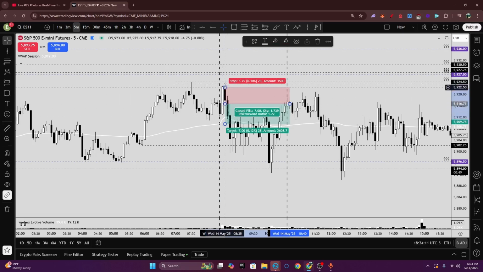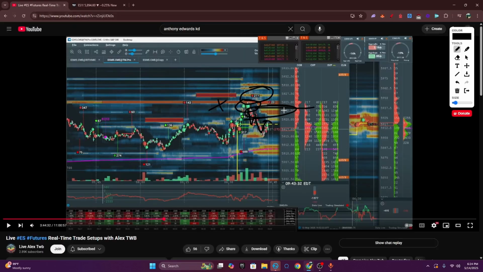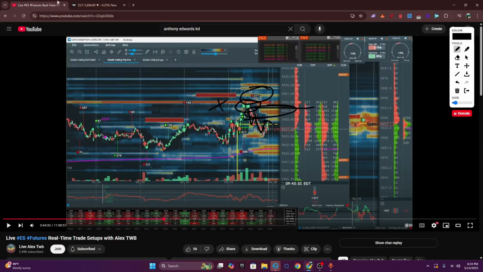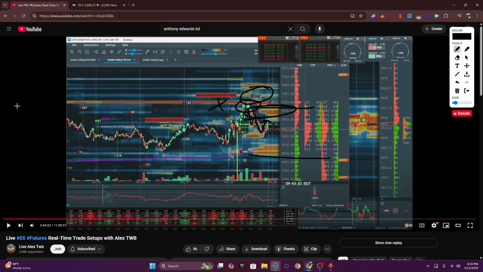We'll keep it 5 ticks above, around 30 ticks. And where do we target? We are going to target at least a 1-to-1, or we'll exit at invalidation. For now, 5910 is not a bad target, which does put us around a 1-to-1 risk to reward ratio, which isn't the greatest.